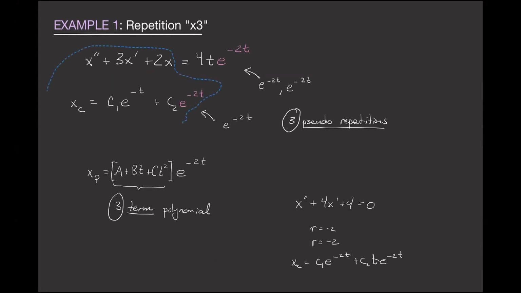Actually, no, let's make it fancy. Not too fancy though. x double prime plus 4x prime plus 4x is equal to t squared e to the, I got to think here, -2t. And I'll tell you that we have, actually, let's do t cubed.